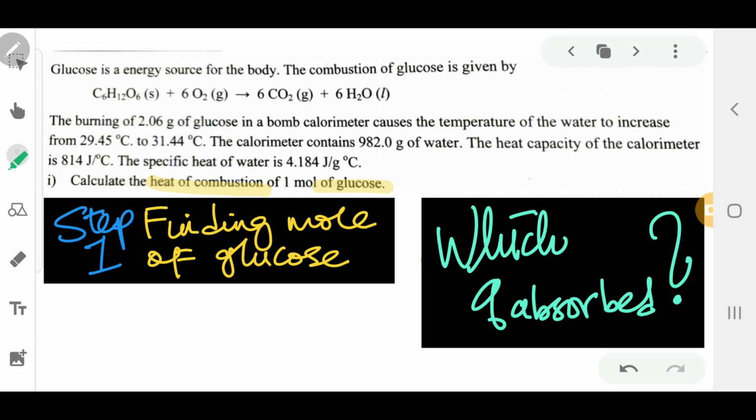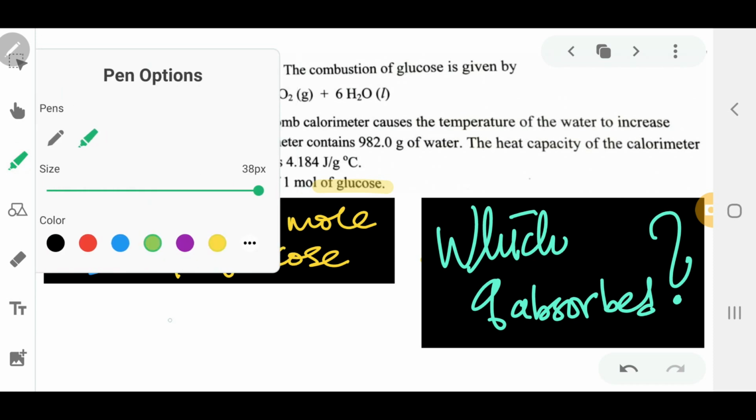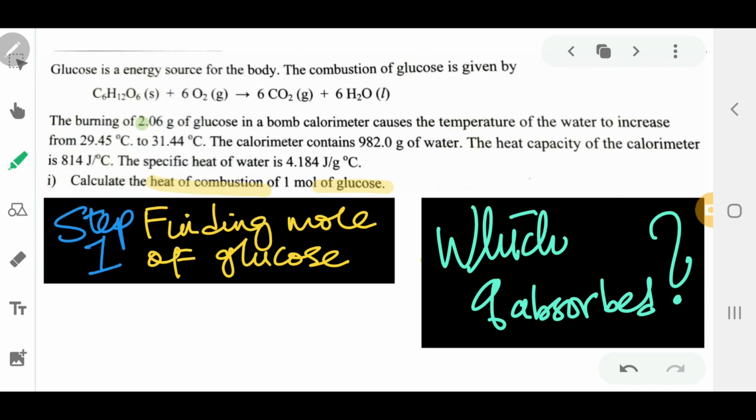The question gives you the mass of glucose that is being burned inside a bomb calorimeter, and the temperature increase from 29.45 degrees Celsius to 31.44 degrees Celsius.